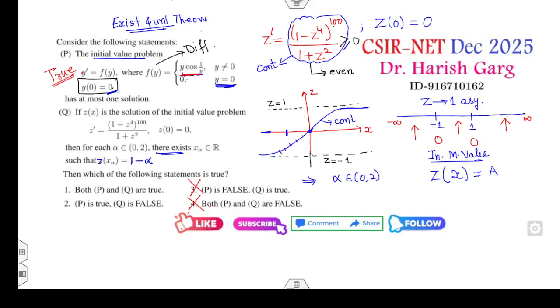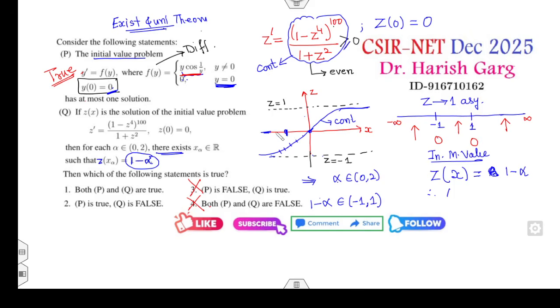If I choose a will be 1 minus alpha, when it will be 1 minus alpha? If I prove that 1 minus alpha lies between -1 to +1. So if alpha lies between 0 and 2, then 1 minus alpha lies between -1 to 1. So therefore, a is nothing but 1 minus alpha.